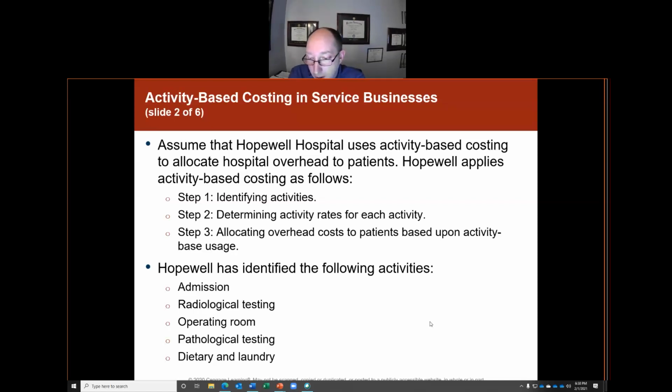Andre, good question. Andre asked, can we use activity-based costing for our own personal uses or personal finance? It depends. Why do I say it depends? You can probably use it if you have different methods of allocating the overhead. An example would be your household budget.